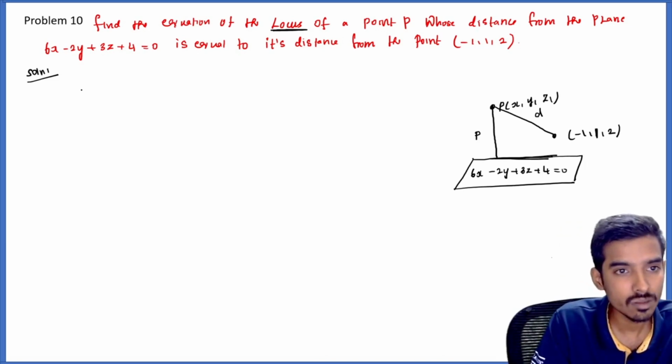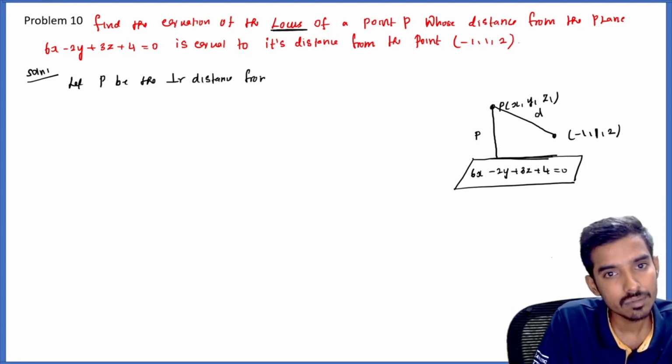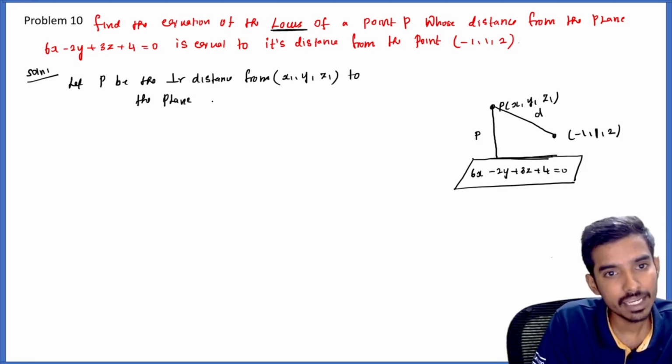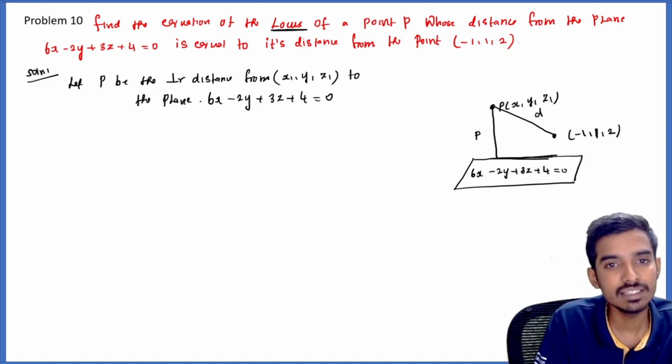Okay. So let P be the perpendicular distance from x1, y1, z1 to the plane 6x minus 2y plus 3z plus 4 is equal to 0. So what is the distance?